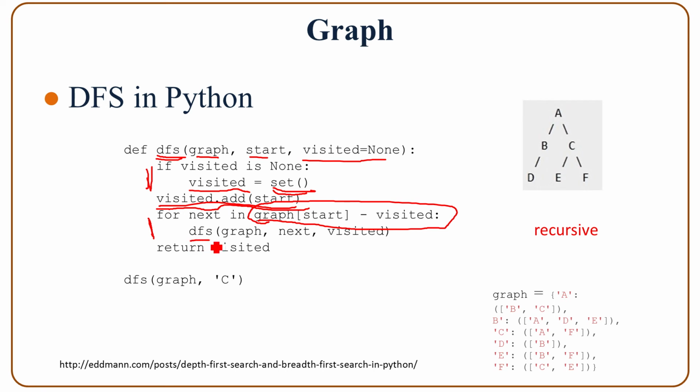Then you call DFS, you call itself recursively, and tell that function call to start with the next node which you haven't visited, and also pass the list of nodes which have been already visited.